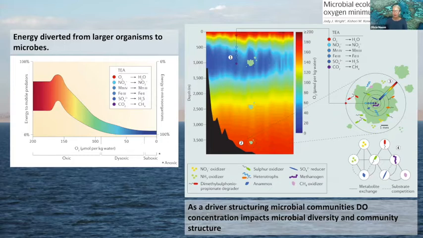So you have a diversity of metabolisms that are coming online in this small particle. And so we're going to talk a little bit about sulfur oxidizers. And Lauren already started talking about ammonia oxidizers. So these are two metabolisms that are going to be one of our focus today.